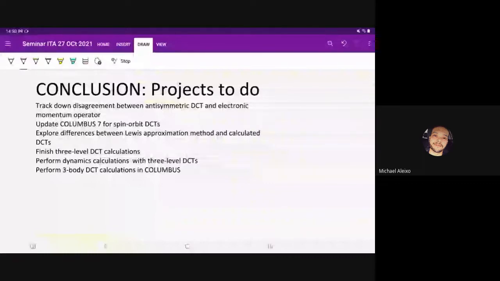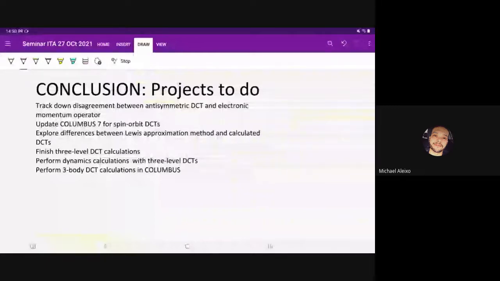We want to do the big effort of updating Columbus 7 for spin-orbit derivative coupling terms. Explore more of the differences between the Dave Lewis approximation method and what we've calculated. Maybe we can find a reason that they don't match up. Finish these three-level derivative coupling calculations like the ones I showed for rubidium helium. I'd also like to do potassium helium, cesium helium, etc.